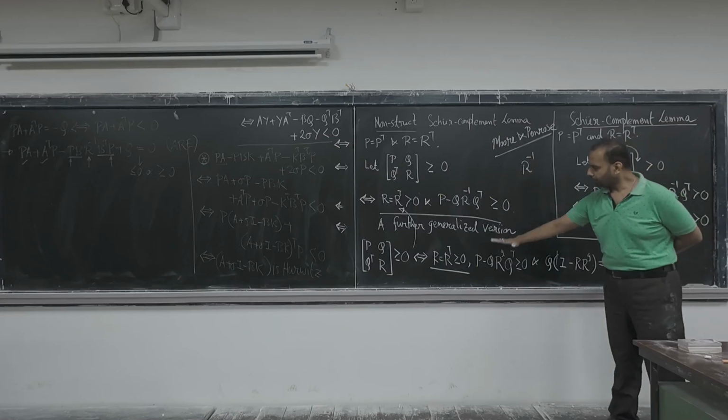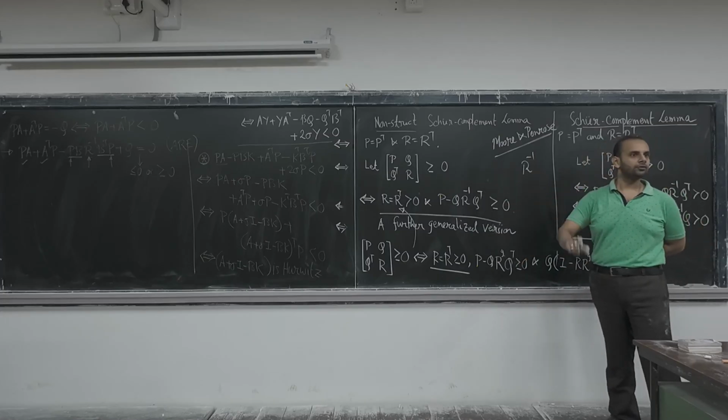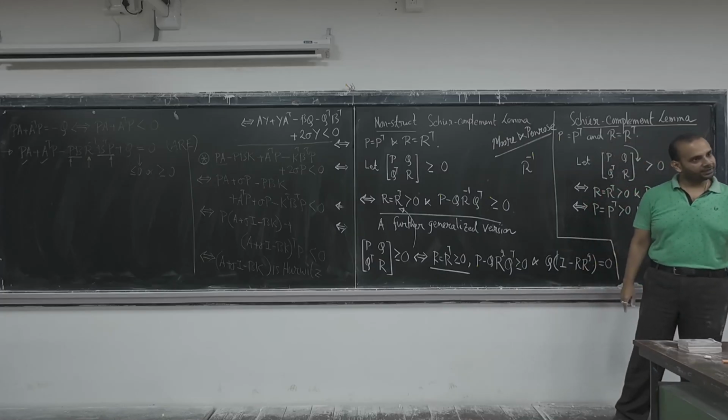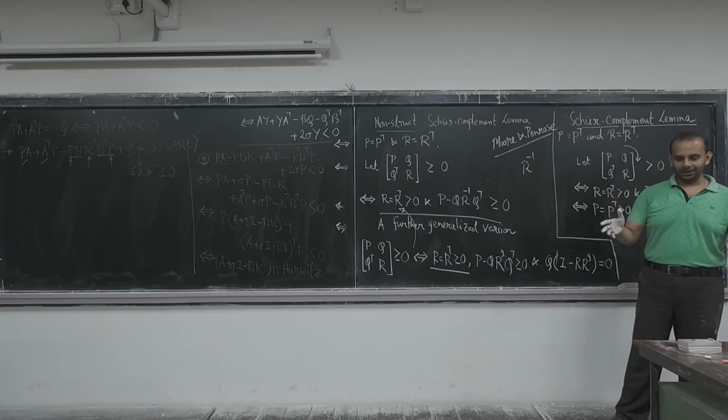We may not need it up to this much, but this non-strict version we often need, because in many control problems you will find that strict inequalities are very difficult to formulate. For example, if you work with positive real systems or negative imaginary systems, there the inequalities would mostly be non-strict.